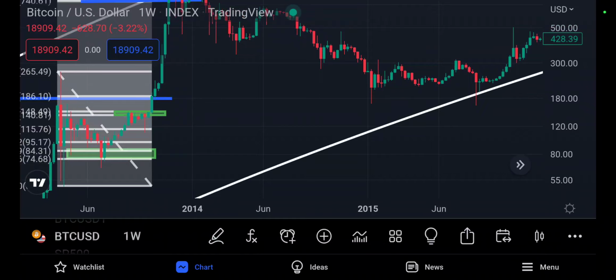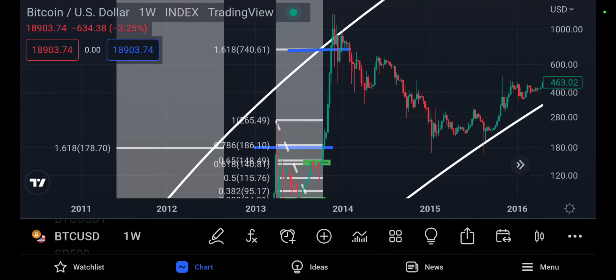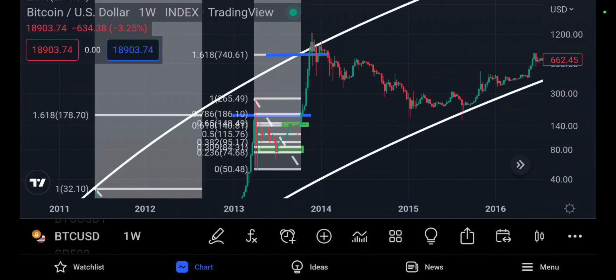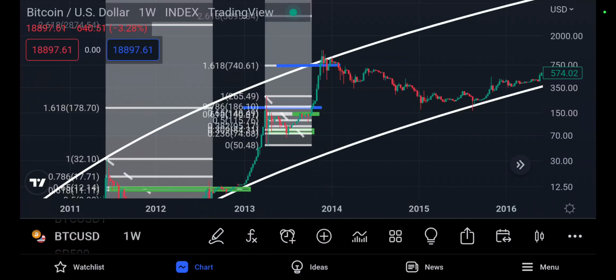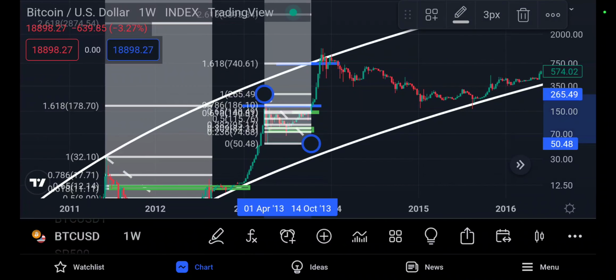So now I'm just going to map out how we knew that even hitting this top trend line, we knew that we were going to come down to the bottom white trend line. Let's delete.